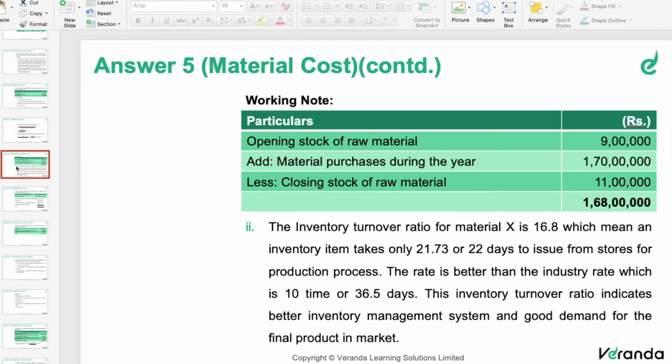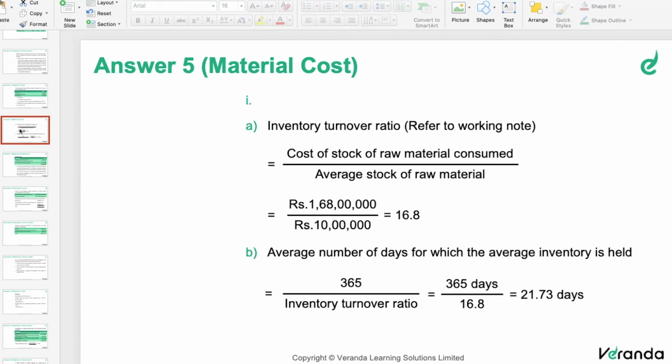Therefore, the remaining is raw material consumption. So the formula is opening stock of raw material plus purchase during the period less closing stock of raw material. That comes to 1 crore 68 lakhs. So numerator is 1 crore 68 lakhs.